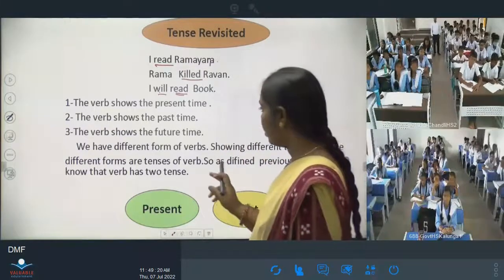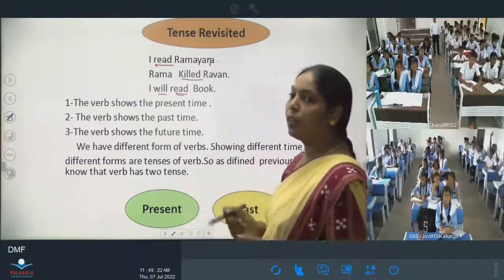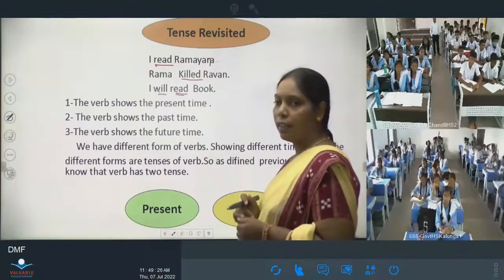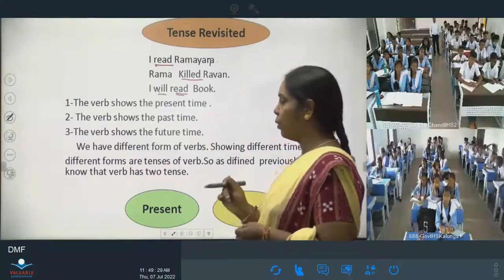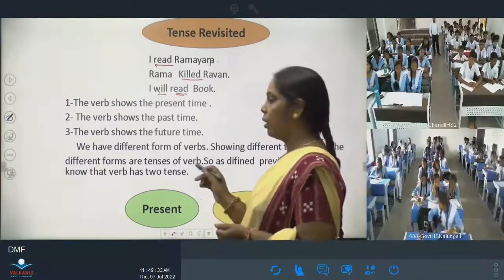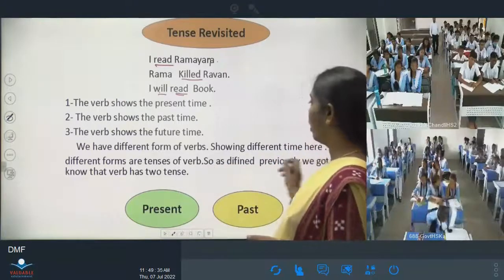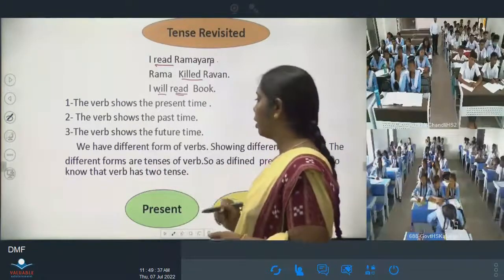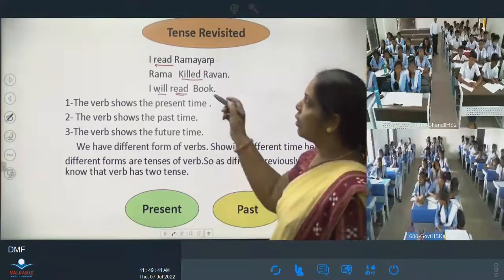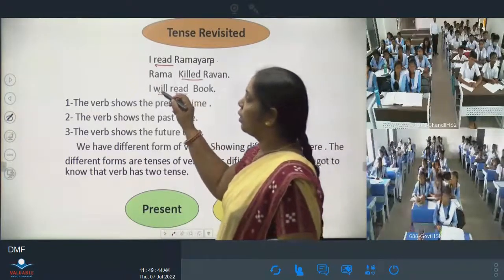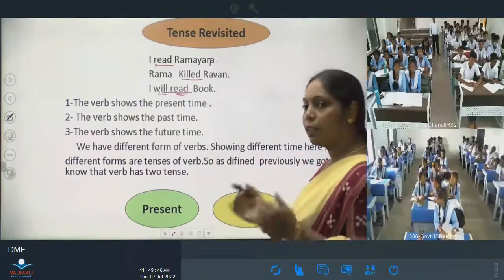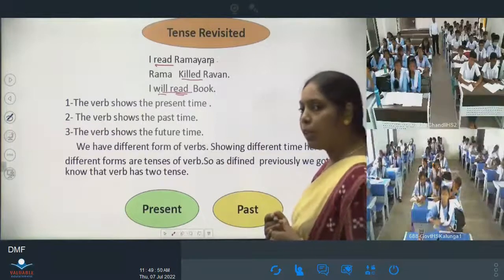So what did we get? We got different forms of verbs showing different times. As defined previously, we got to know that verb has two tenses. Why does verb have two tenses? In the third sentence, is there any particular verb that is showing the future time?